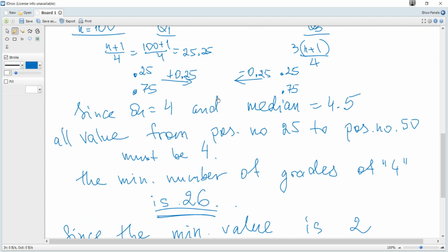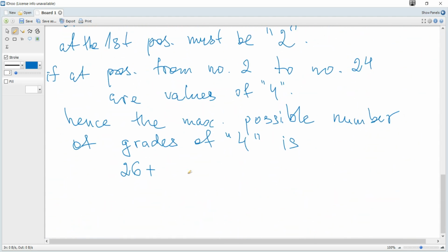It's clear, so additionally plus 23 values, so 49 in total.